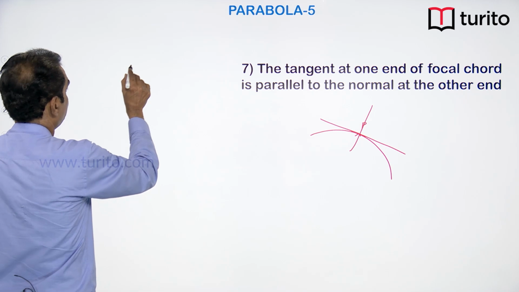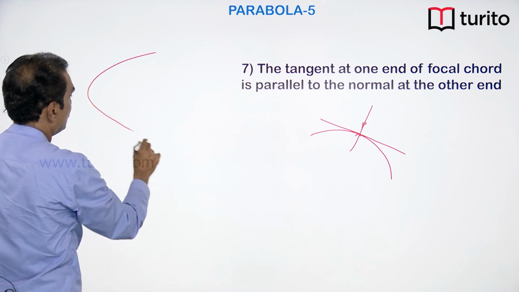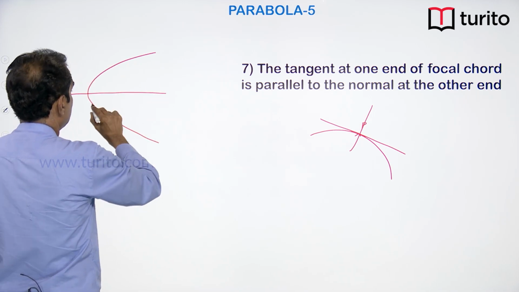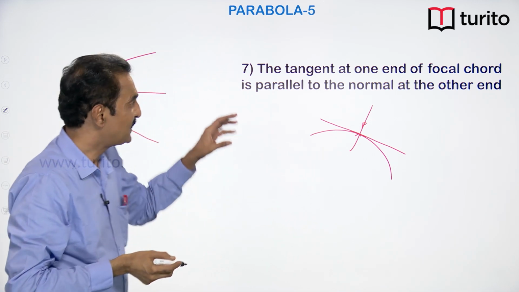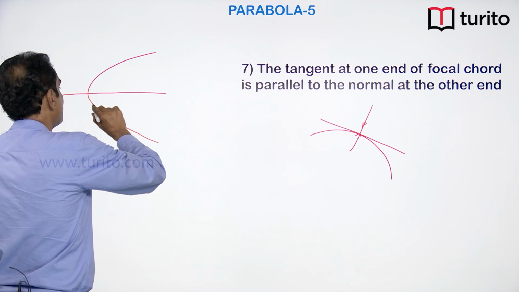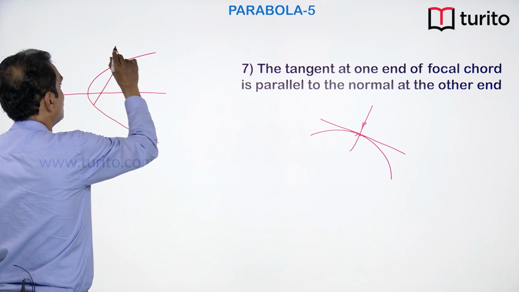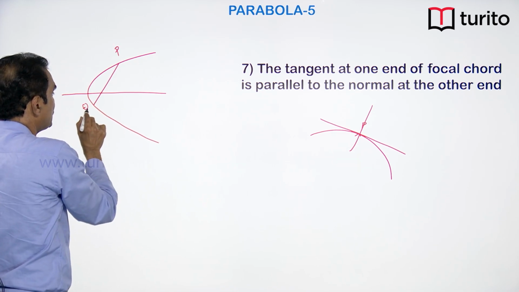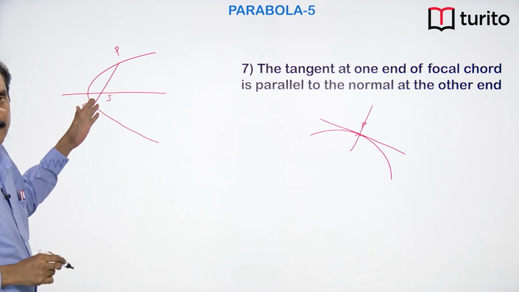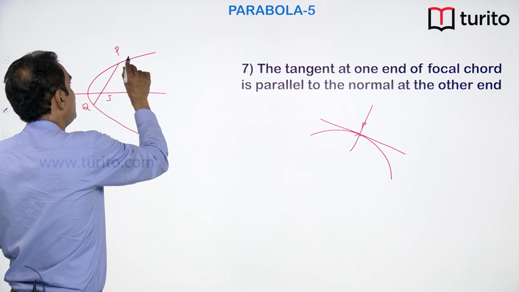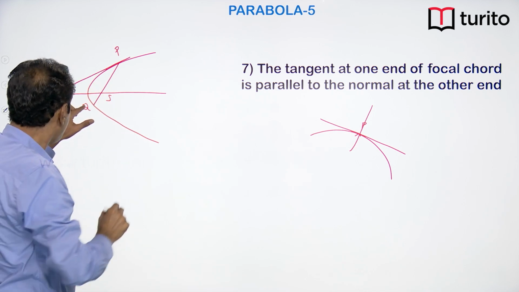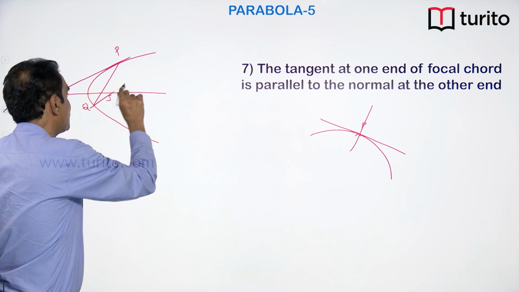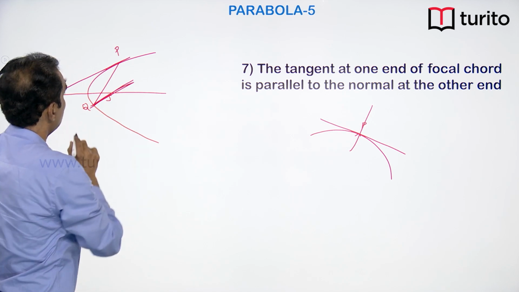Now since this point is related to focal chord, I am explaining here itself. Suppose PQ is a focal chord, then if you draw tangent at P and draw the normal at Q, these two will be parallel.